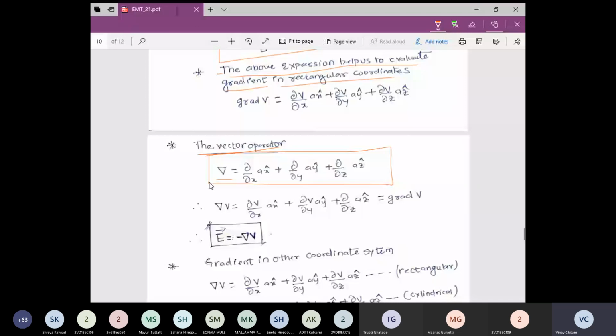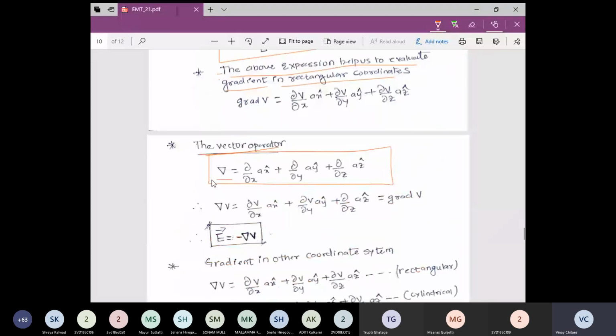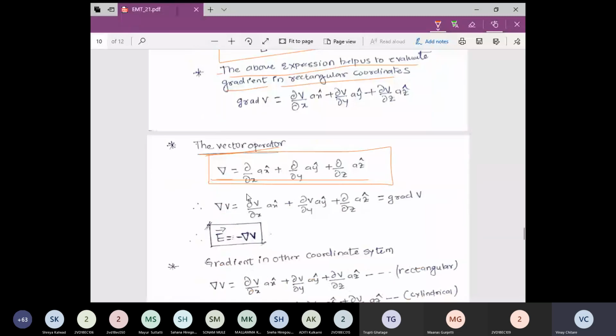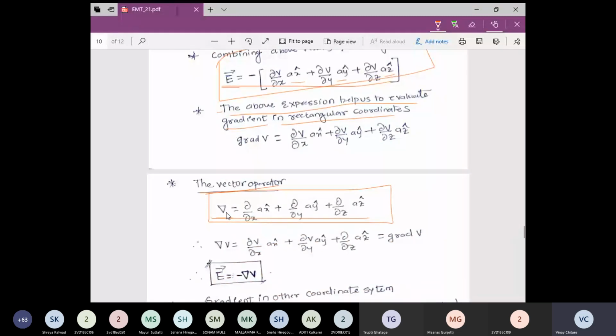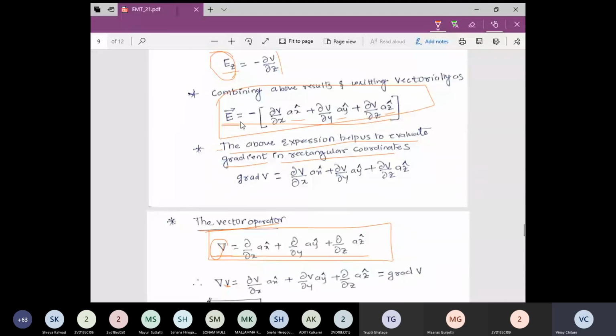So if I look at this equation, I can write E as del V. You could say that this vector is multiplying the scalar V, and you will get this particular E.